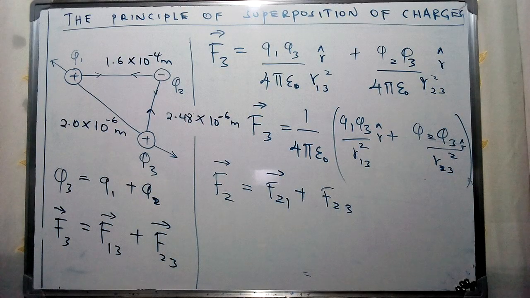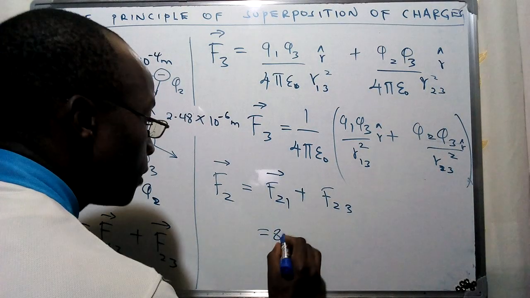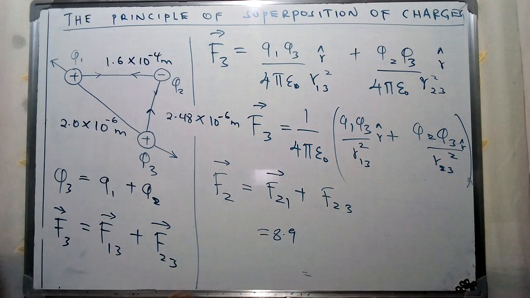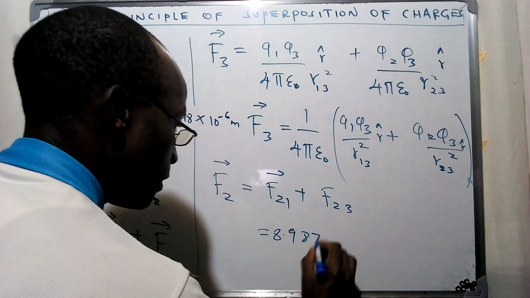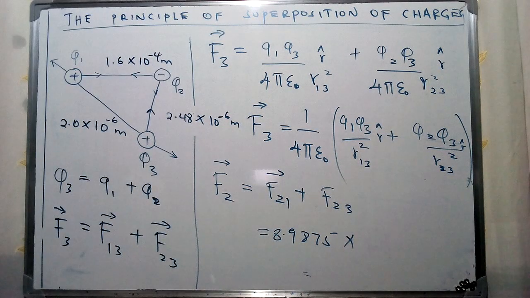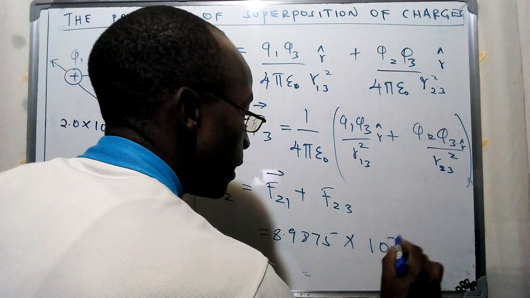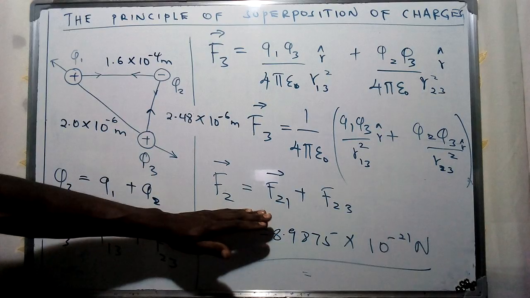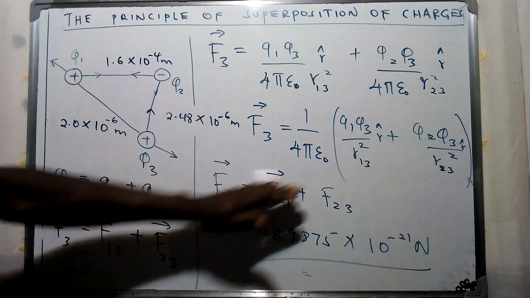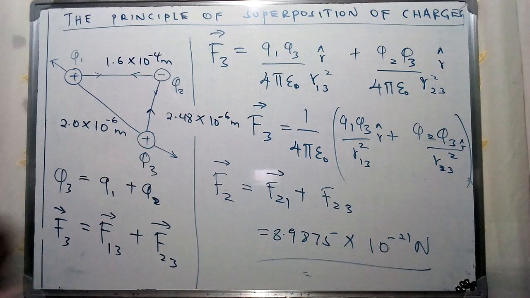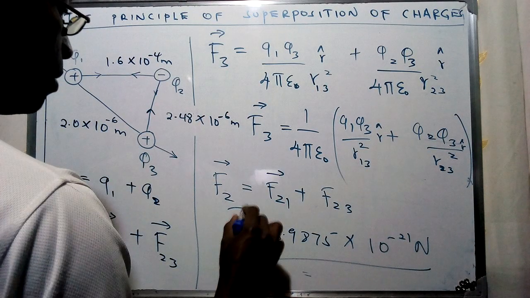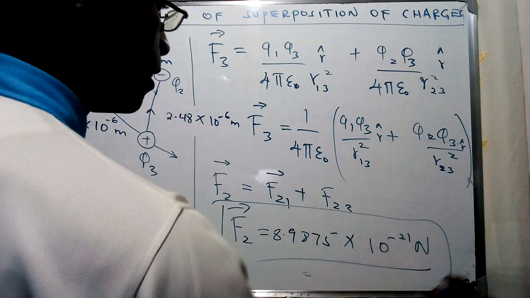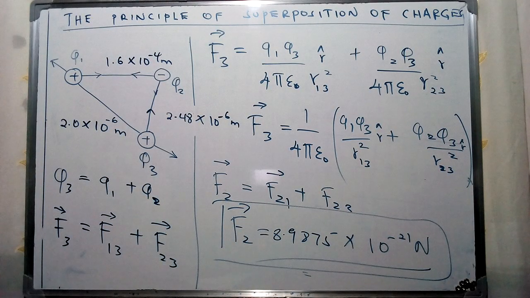In this case, I found a value of 8.9875 times 10 to the negative 21 newtons. Kindly do an evaluation of this by doing a direct substitution using the procedure that we have done above. In case you come across a different value, kindly notify us in the comment section so that we can do a follow-up and find what exactly that value is.